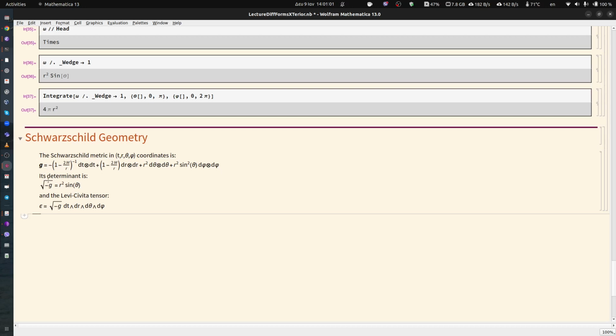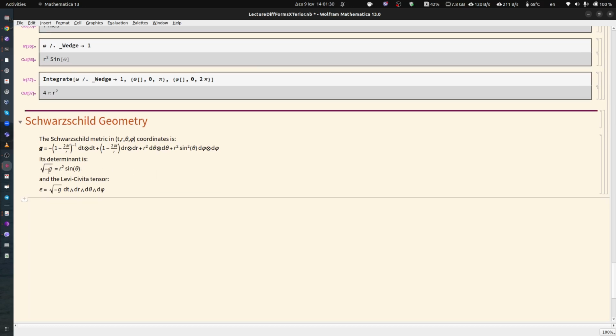Note that the volume element here is given by the determinant of this metric. The metric is diagonal, so its determinant is obtained by simply multiplying all those functions in front of the two forms, dt squared, dr squared, d theta squared, etc. And its square root is obtained by taking its absolute value, of course.